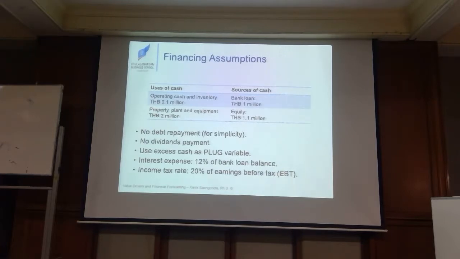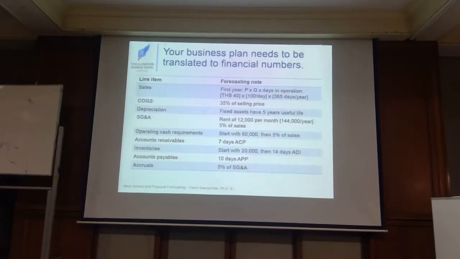So my working capital includes things like cash you need to have on hand, and also includes things like inventory. When you open a store, you need to have some coffee beans and cups and so on. So when we add these two together, 80,000 baht and 20,000 baht, 100,000 baht. This is how much of your own capital you need to put in, unless you have credit terms, unless you can operate with less cash and so on.